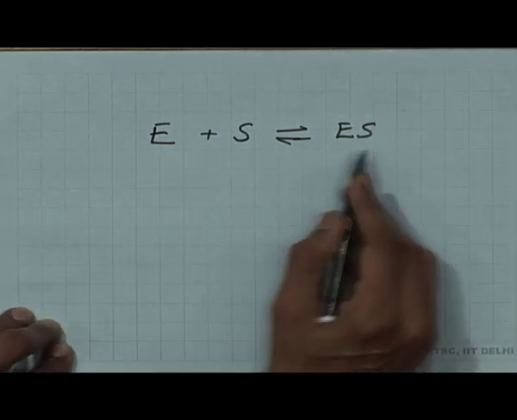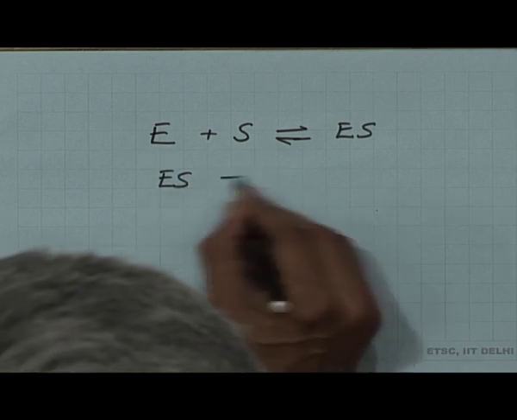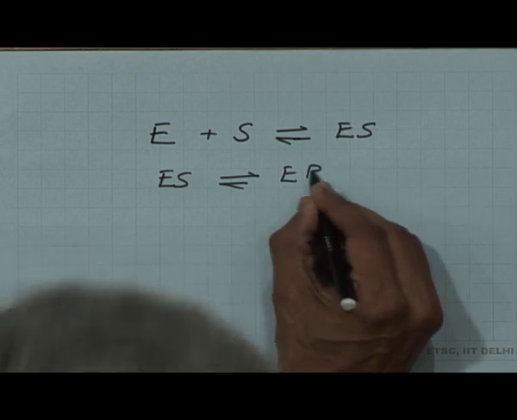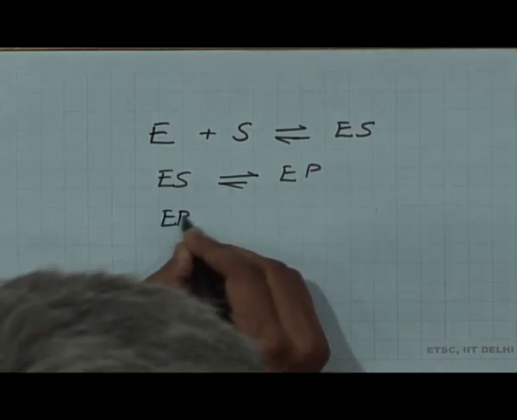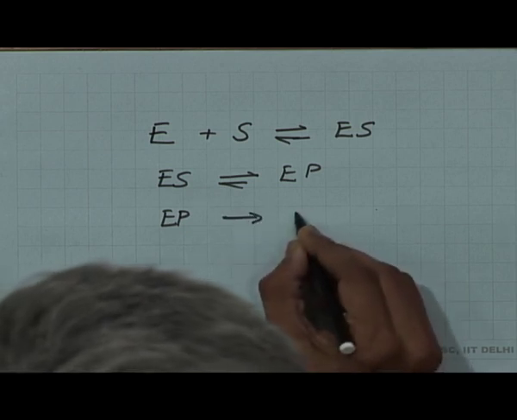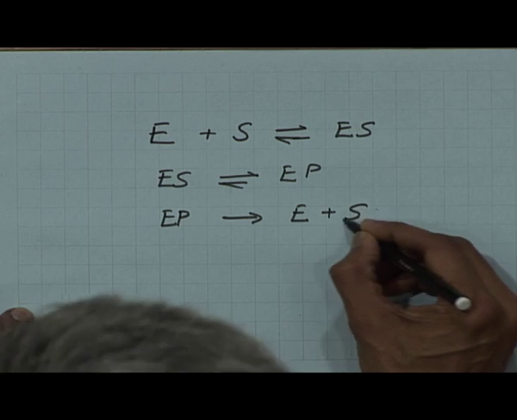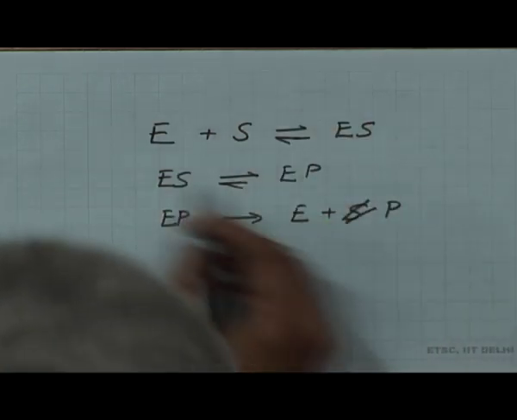This complex will undergo a reaction to give you the product which is still bound, and the enzyme product complex then falls apart to regenerate the enzyme and release the product. And this is how it works.